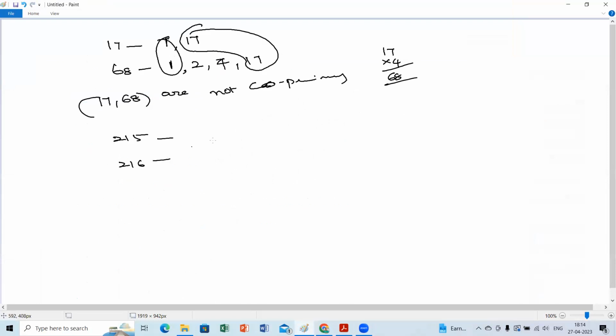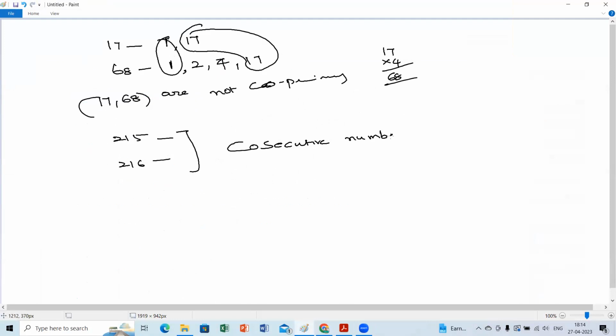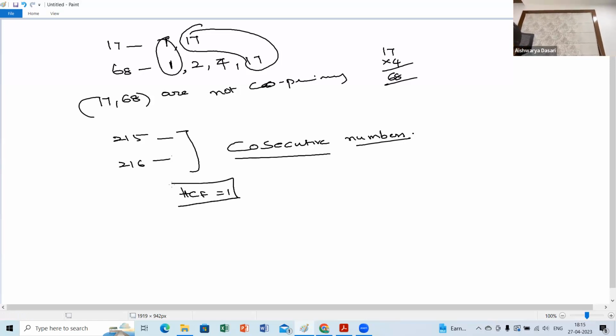These are consecutive numbers, yes or no? Yes, ma'am. What is the HCF of consecutive numbers? Ma'am, the least? 1. So directly, are they co-primes? Yes, ma'am, because these are adjacent numbers, right?